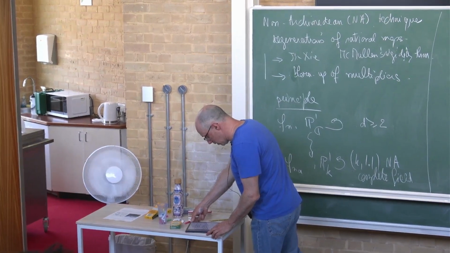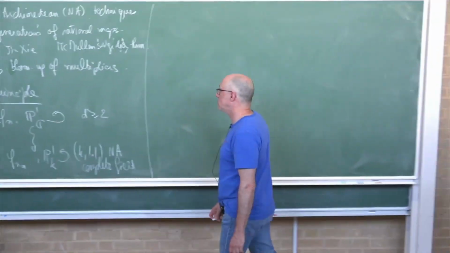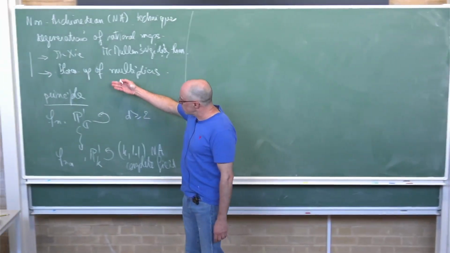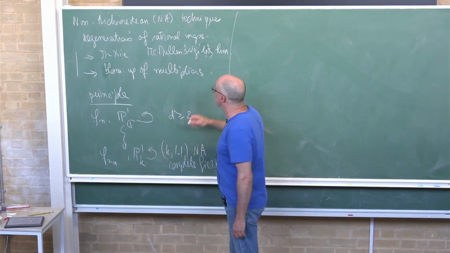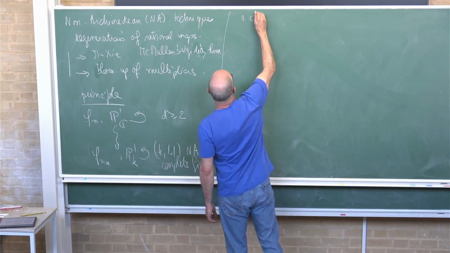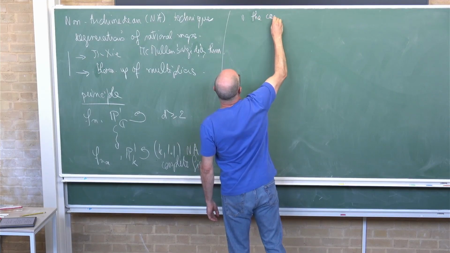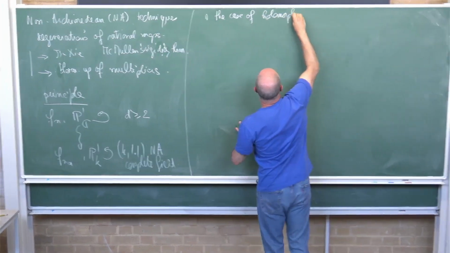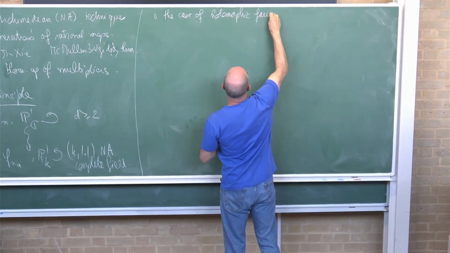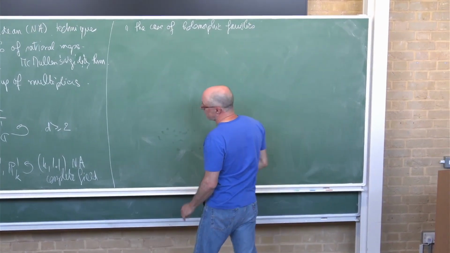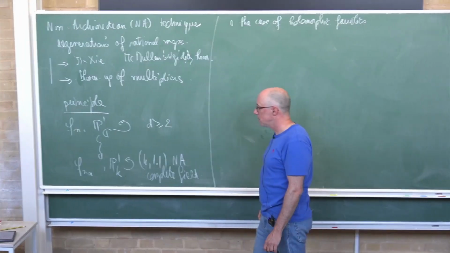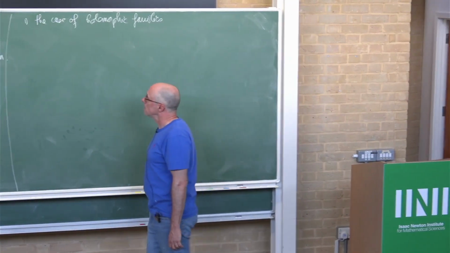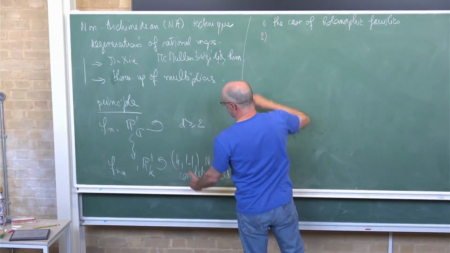And so what I'm going to do today is to describe how this principle works in the case of holomorphic families, where the field is quite easy to describe. And in the second part, we're going to do some non-Archimedean dynamics.